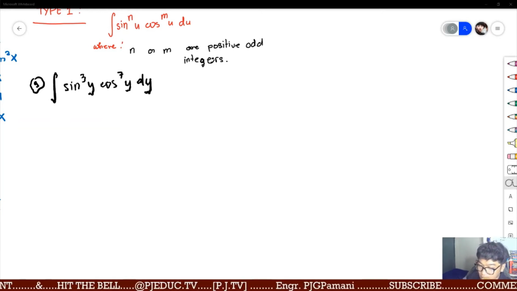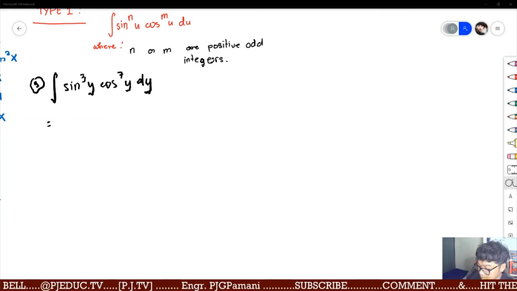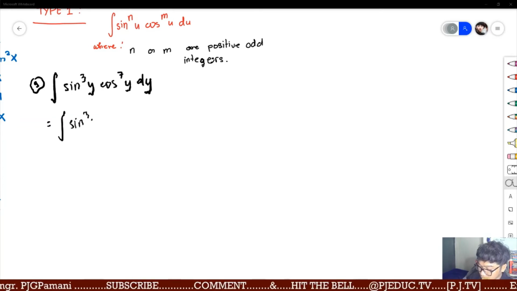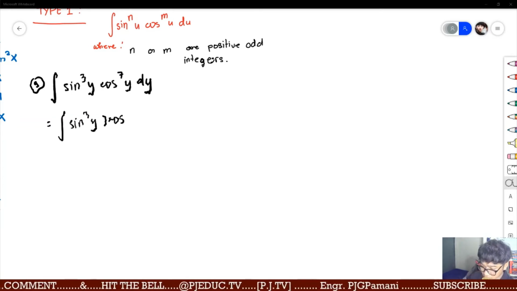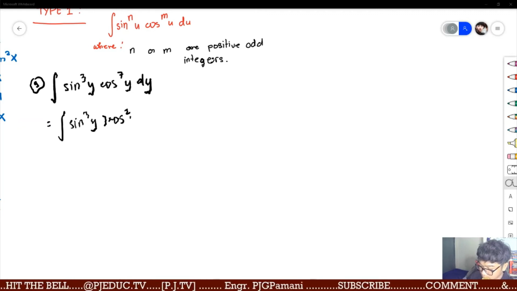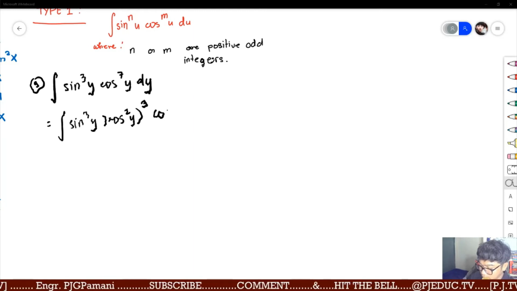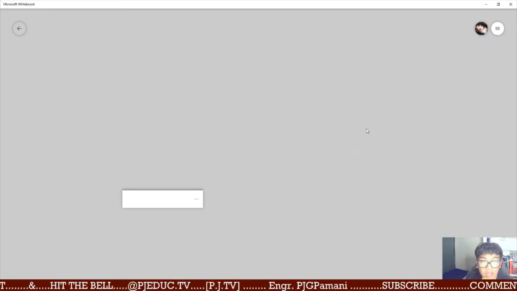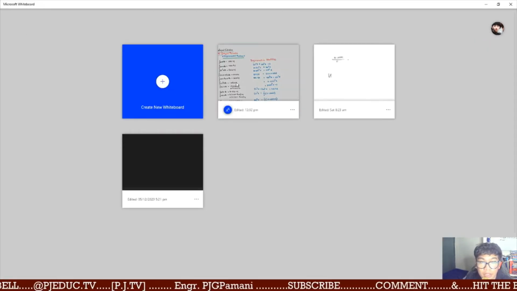From this point, we can express this integrand the same as sine cube y times cosine squared y raised to 3 times cosine y dy. Diba? Ganun din lang siya.